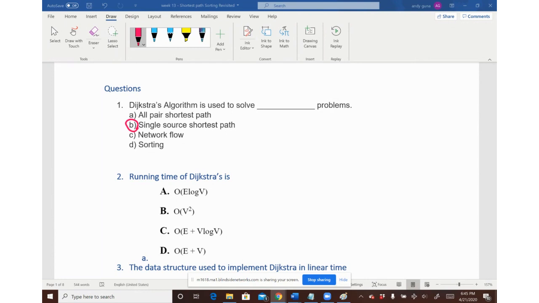Okay, so if you recall, the correct answer is A. It's E log V, because log V is for the heap, because you have to find the minimum. If you recall, in Dijkstra's algorithm, you're always taking the minimum from a set of things, and then you have to touch all the E's.